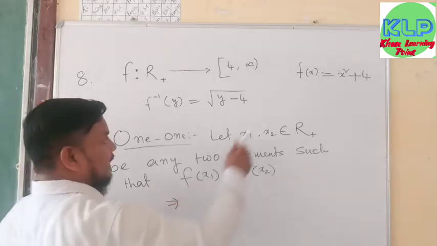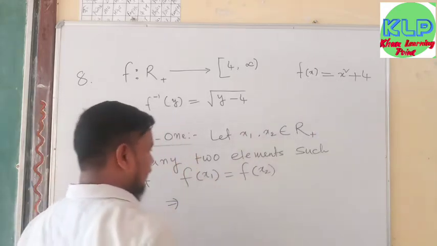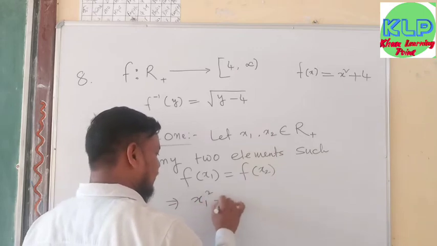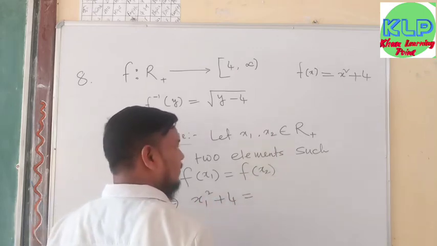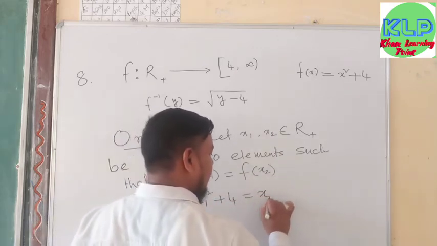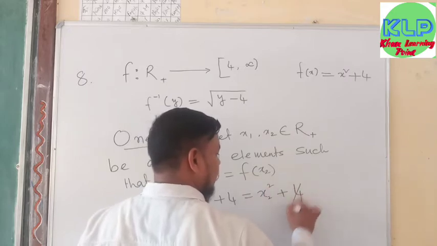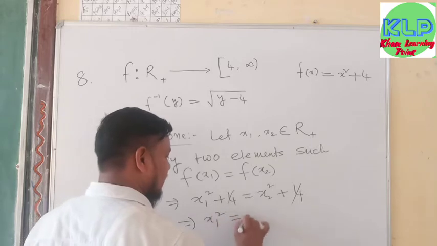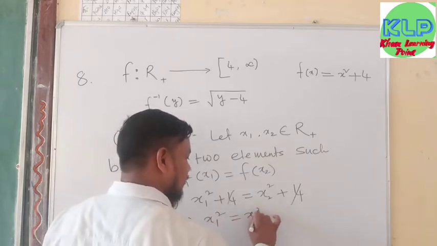Okay, here f of x is equal to x square plus 4, therefore f of x1 is equal to x1 square plus 4. Here also f of x2 is equal to x2 square plus 4. This 4 and 4 is cancelled, hence x1 square is equal to x2 square.